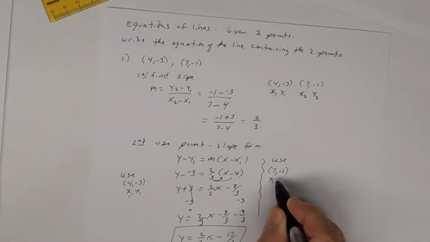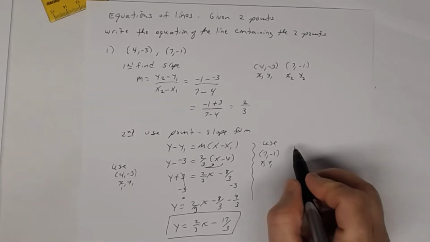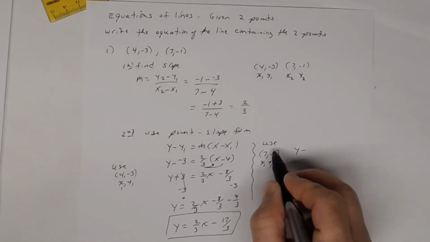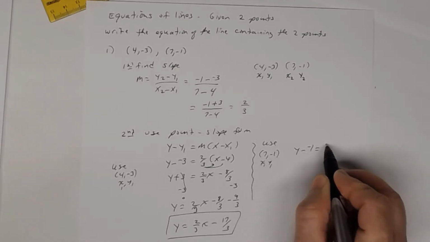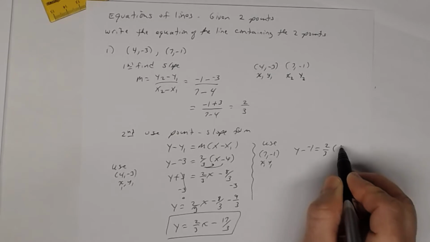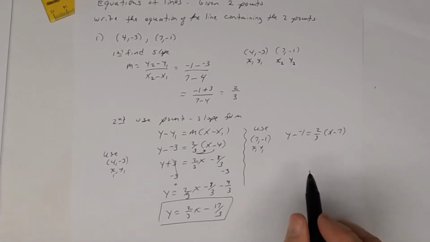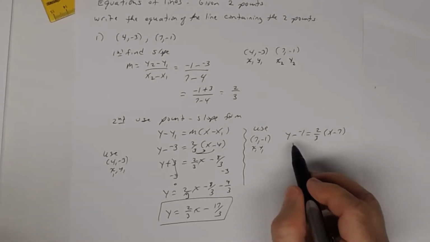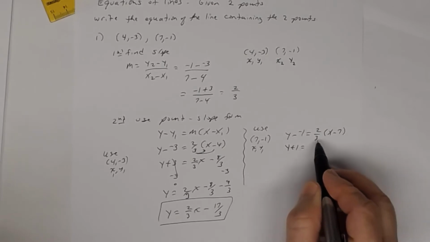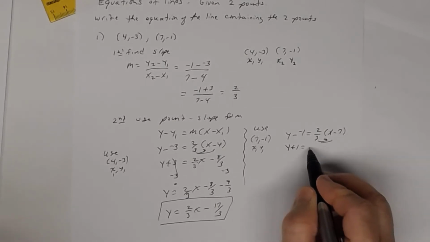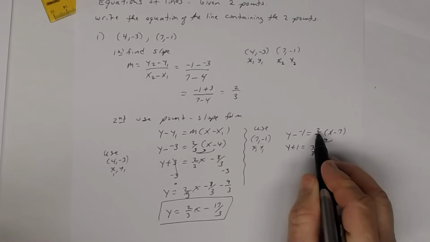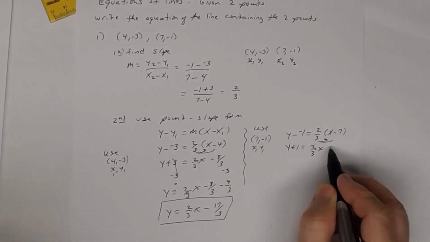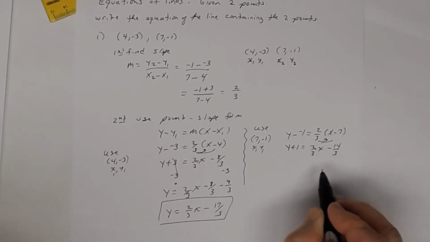So this would be your x1, this would be your y1 this time. So you'll have y minus y1, which is negative 1, equals the slope, which is 2/3, times x minus 7, right? And so this becomes y plus 1 equals, and then let's go ahead and distribute. I get 2/3 x, 2 times 7 is 14, so it'll be minus 14/3.